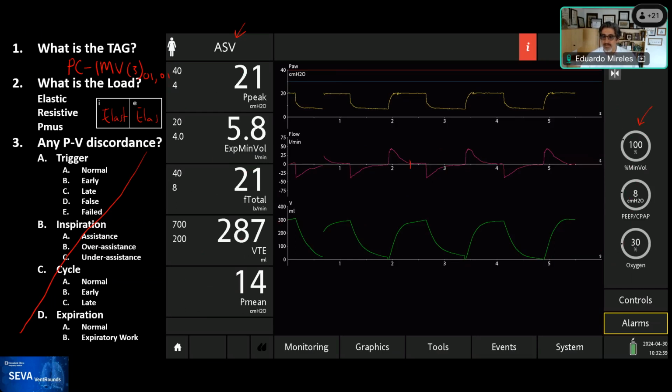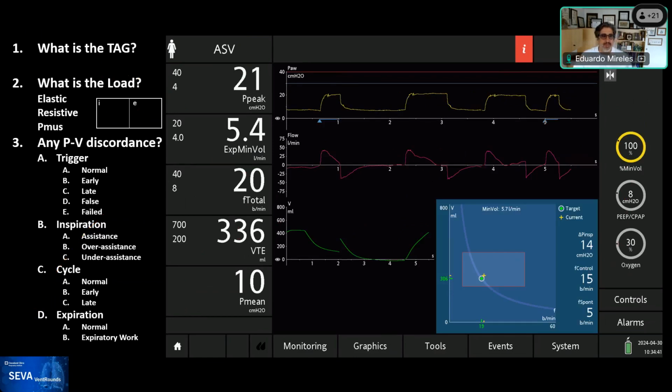Yeah. So let's take a look a little bit at the next screen, and now again, you all have chosen, right, the tag. So PC, IMV, type 3, OI, and this patient was waking up. Well, we were waking her up.